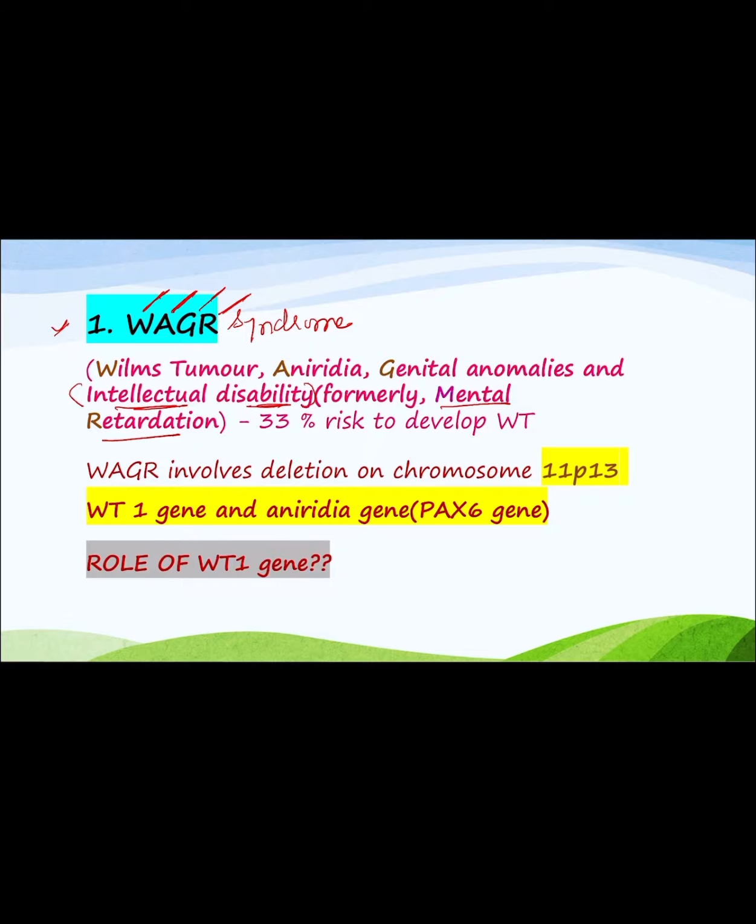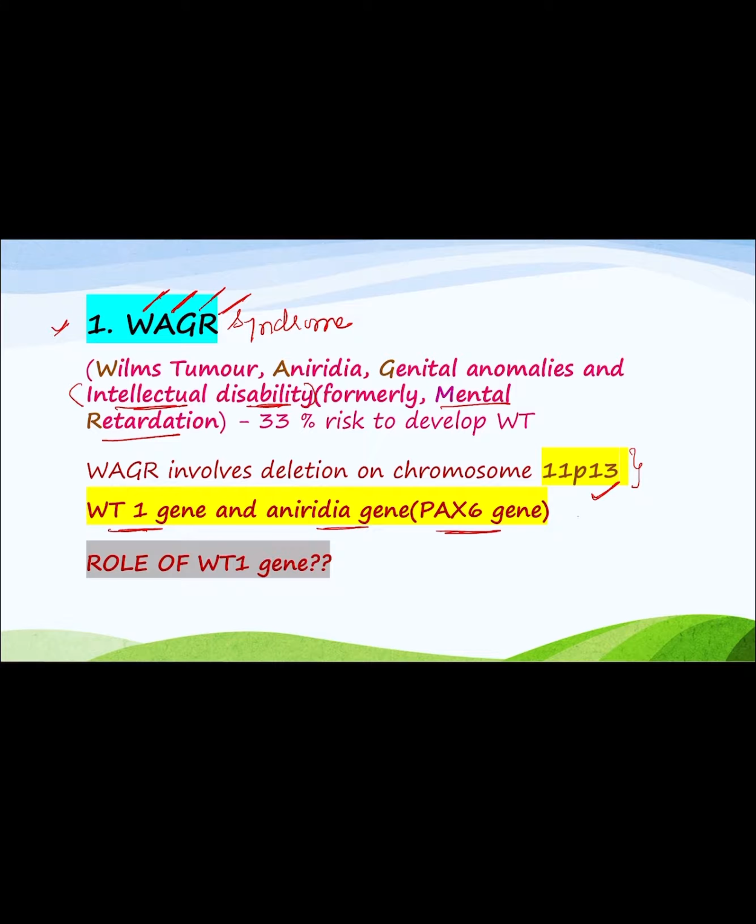So these four components come in the WAGR syndrome, and it is associated with mutations traced to chromosome 11p13. This locus harbors two genes, that is the WT1 gene and the aniridia gene or the PAX6 gene.